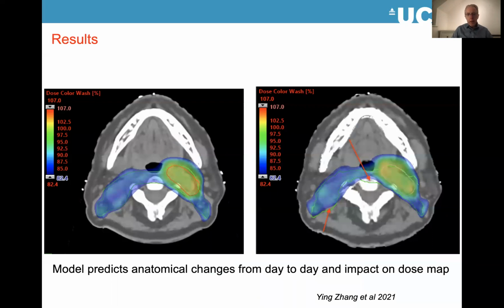Some results that we have just to highlight. So this is a radiation dose map overlaid onto the grayscale CT scan, and the arrows highlight how we anticipate the volumes to change over time. And therefore we could modify the dose accordingly at the time.